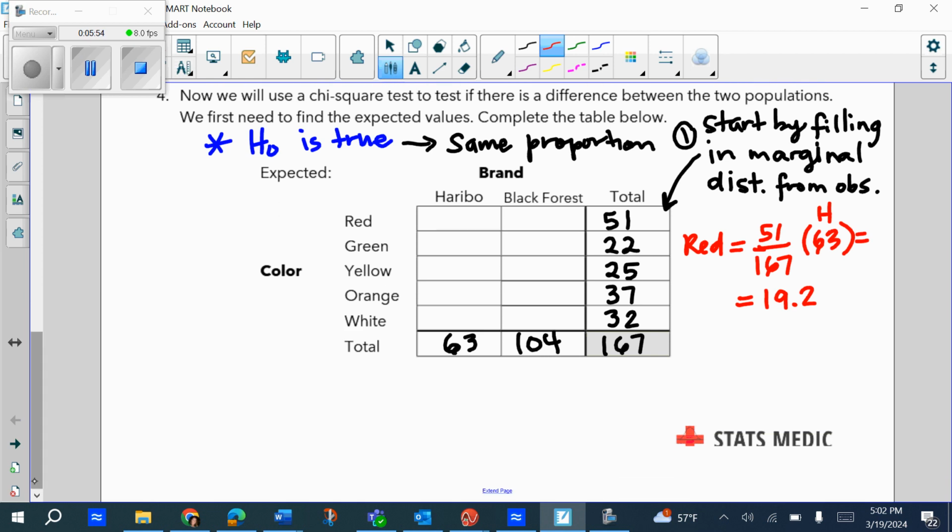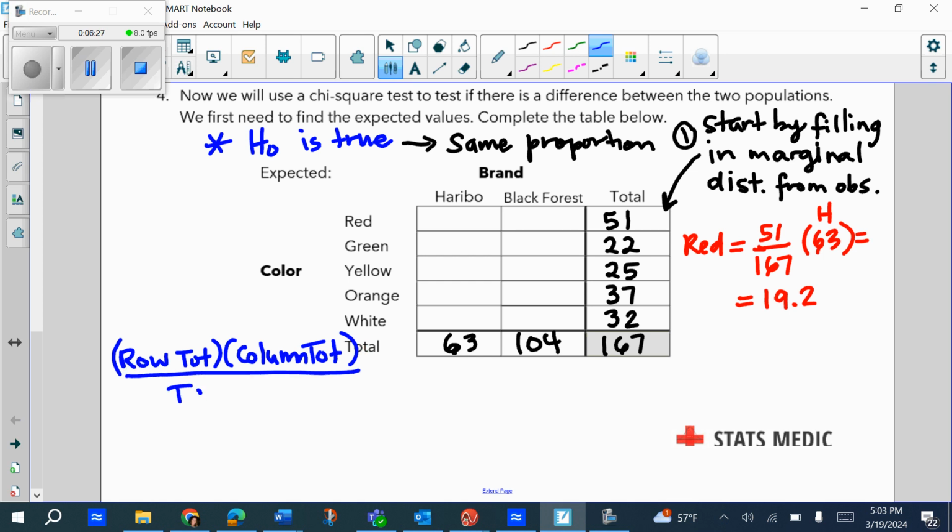Now there's a formula that they use to help you with this. To find each of these expected counts, you would take the row total times the column total and divide it by the table total. In essence, that's what we did when we did this red calculation.